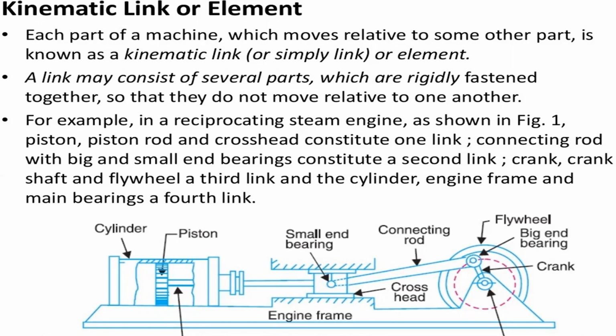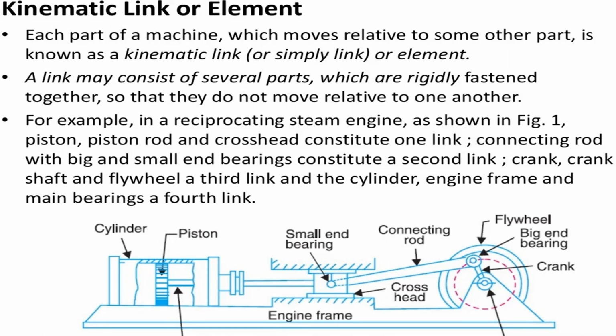The crank, crankshaft and flywheel form the third link. The cylinder, engine frame and the main bearings are the fourth link. So in total there are four links provided here.